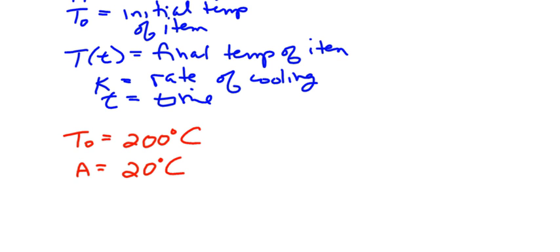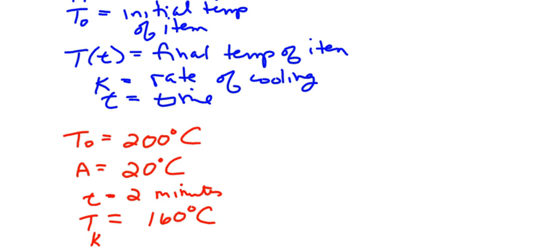Then it says 2 minutes after it was taken out of the kiln and sat resting for 2 minutes, the temperature of the bowl was 160 degrees Celsius. So given all this information, you're going to need to find your K and give a general cooling formula for this item.